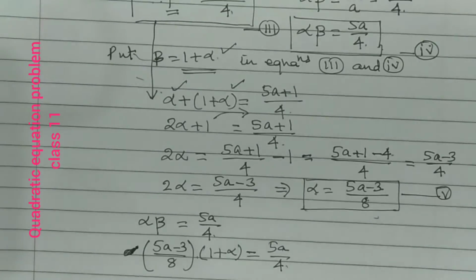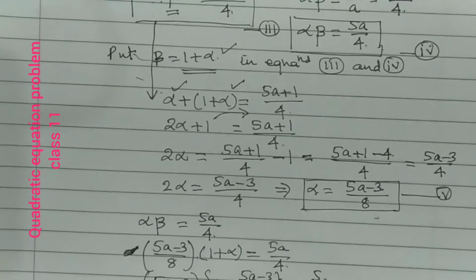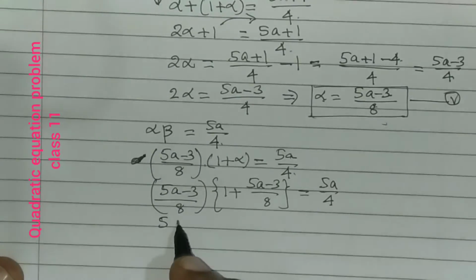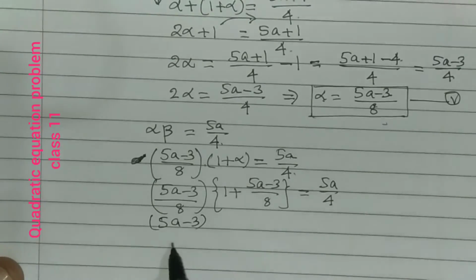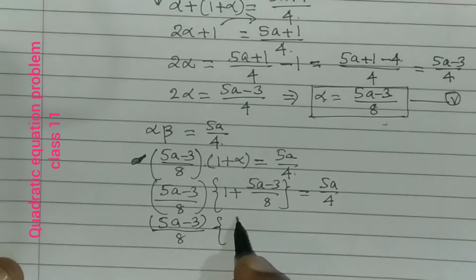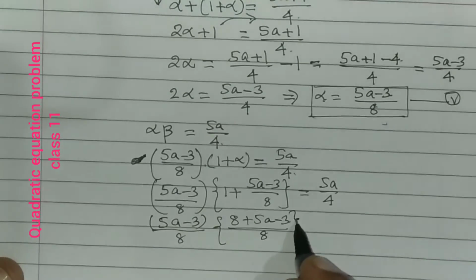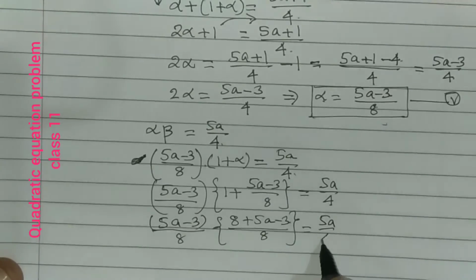Now here (5a minus 3) by 8 into, in place of alpha again I am writing (5a minus 3) divided by 8. Now this equation is coming in terms of a. Now we will find out the value of a over here. So (5a minus 3) by 8 into (8 plus 5a minus 3) by 8 is equal to 5a by 4.